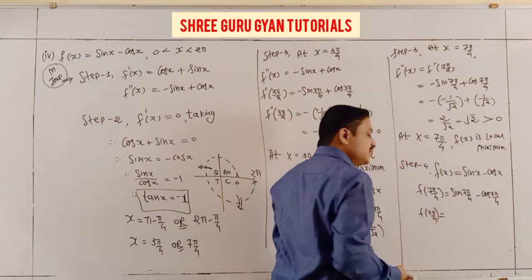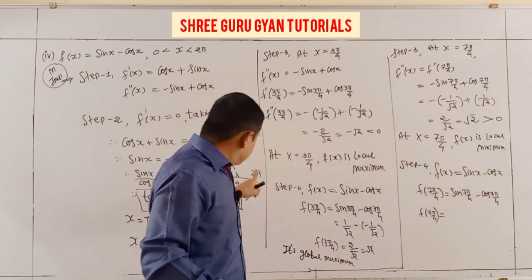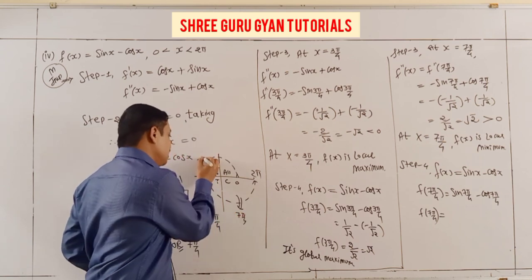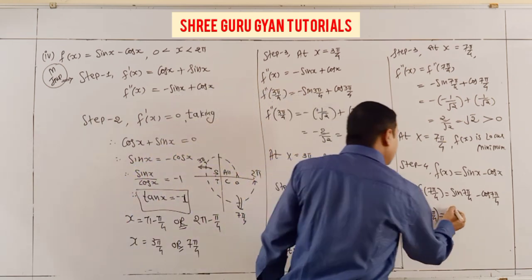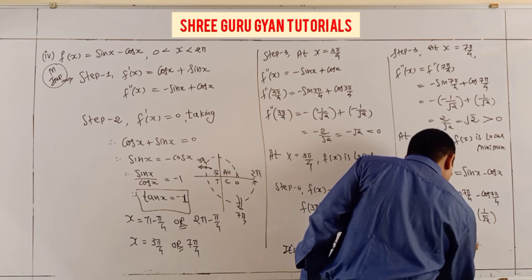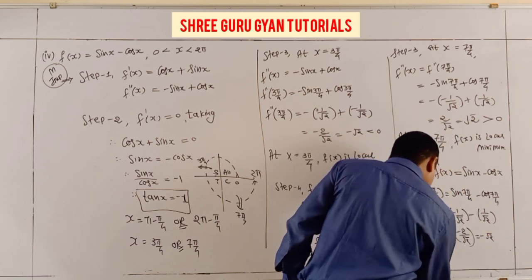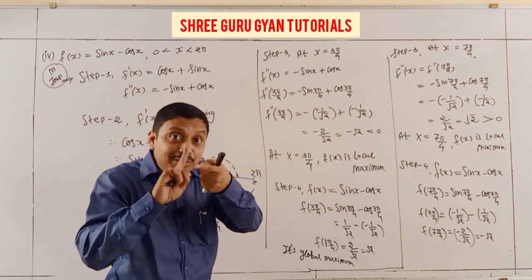You can easily judge your answer. 7 pi by 4 is in quadrant number 4, so your value is negative 1 by root 2, here only 1 by root 2. So minus 2 by root 2, which is minus root 2. And that place, what do we write down? It is the global minimum value.